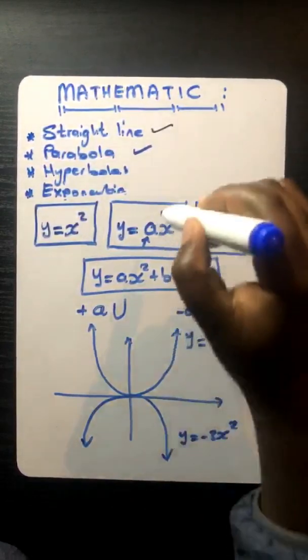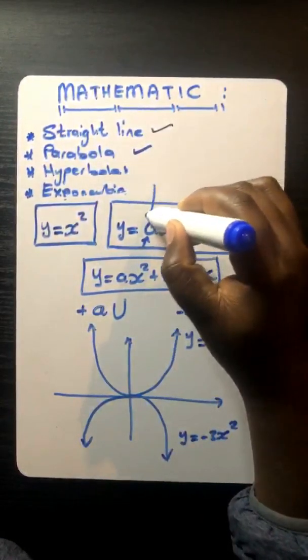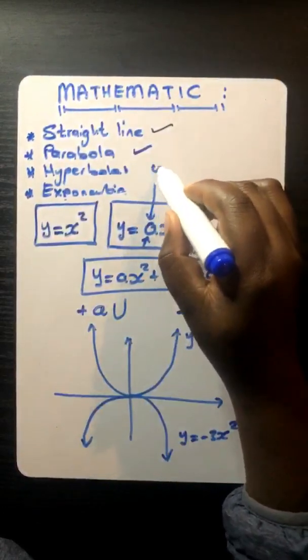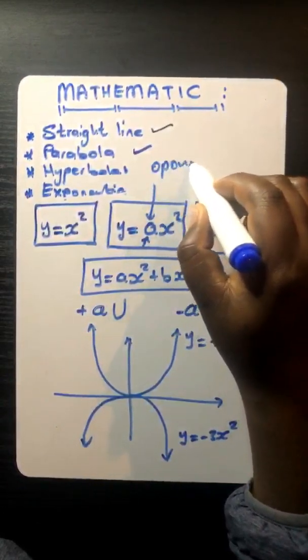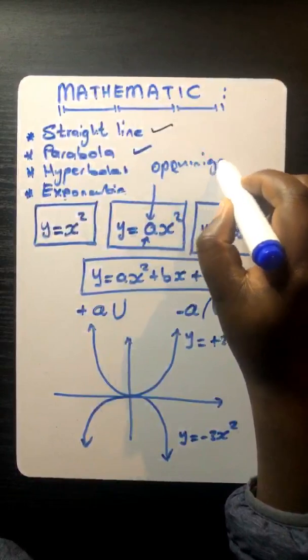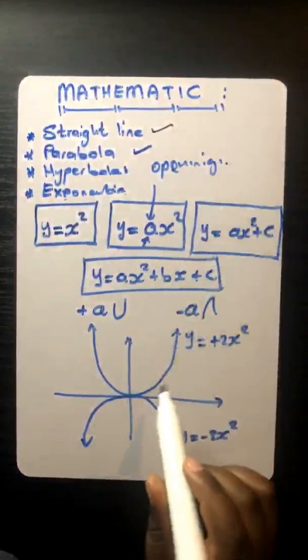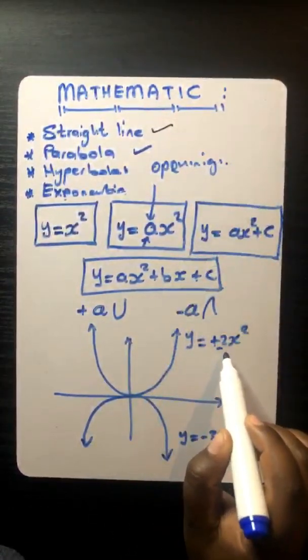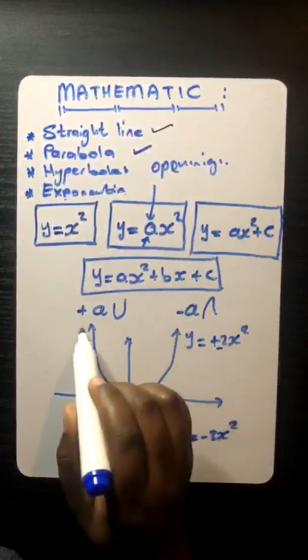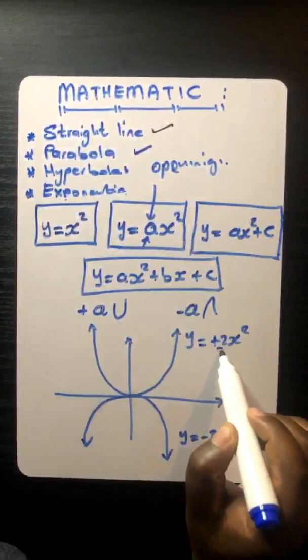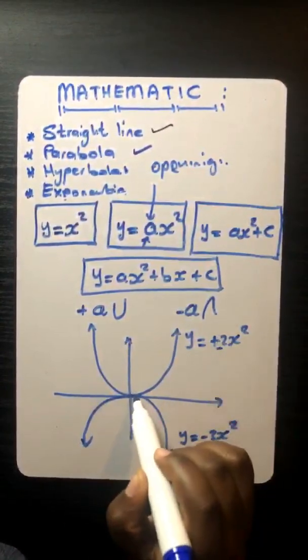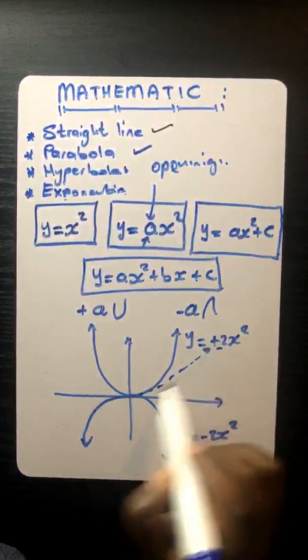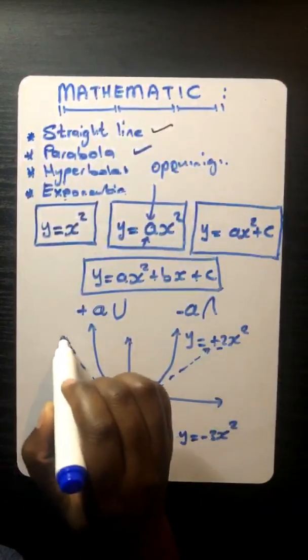Again, this a value also tells us more about the opening. If it's 2, let's say it's like that. But if that number gets bigger, you might find that the opening is like that.